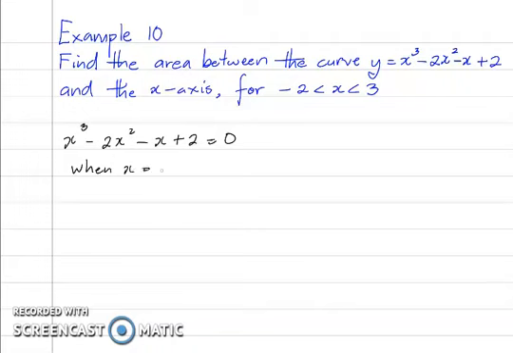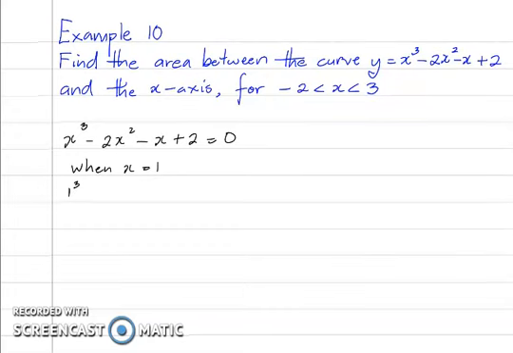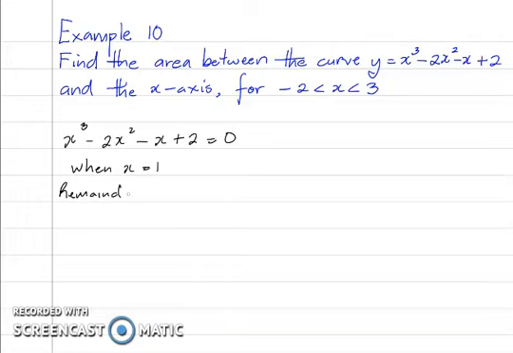x is equal to 1. I could say the remainder, which is, let's say, f of 1, would be equal to 1 cubed minus 2 times 1 squared minus 1 plus 2.